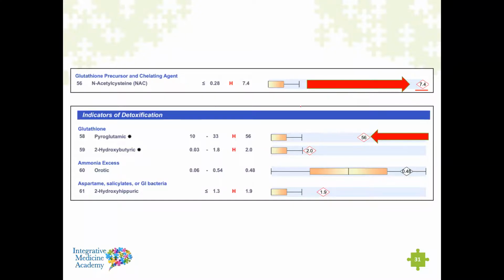If they aren't, which was the case in this person, we can see that their N-acetylcysteine levels are elevated and their pyroglutamic levels are elevated too. So there's likely a problem in deacetylating the N-acetylcysteine to make glutathione. In this kind of scenario, you'd have to question whether we would use N-acetylcysteine as a supplement, and perhaps we just give the end product glutathione to bypass any problem there.